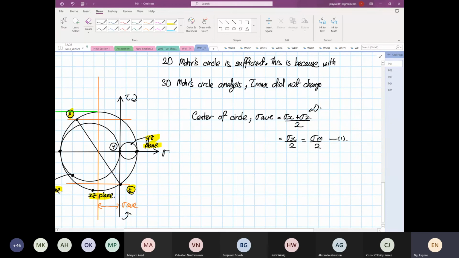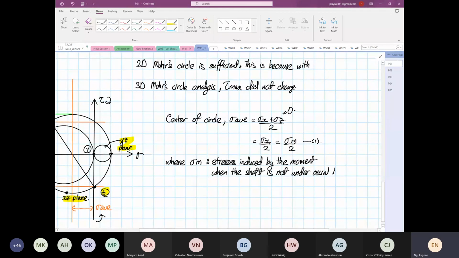I'm going to define what stress M is. Stress M is the stress induced by the moment when the shaft is not under axial loading.